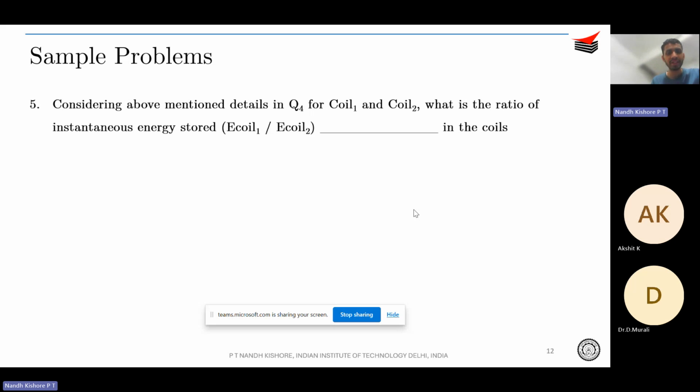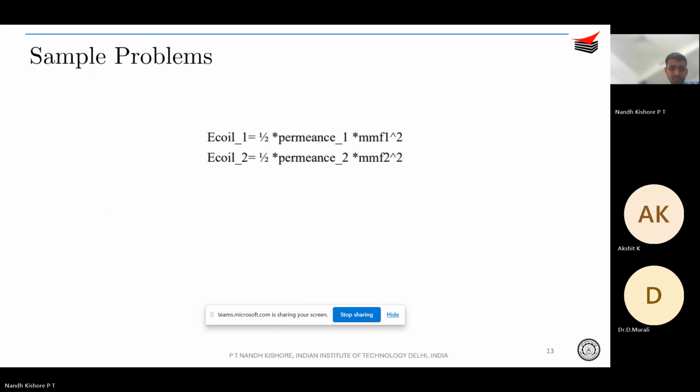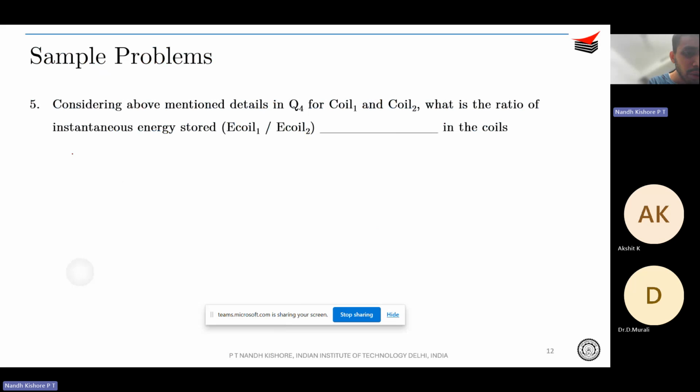So if you had seen the lecture slides, you would have seen that your E coil is equal to, of course, half Li square. This is one relation. Or if you're not able to remember the magnetic terms, you can as well remember the equivalent electrical terms or in the capacitive domain.